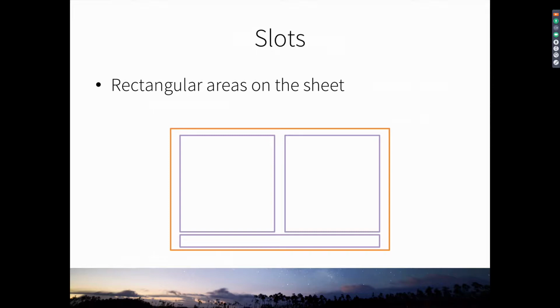Maybe there is a client name there, maybe we want to add a color bar, any of this. So slots are not exclusively used to put pages on a sheet. They can also be used to add additional information. But a slot is always a rectangular area on the sheet.